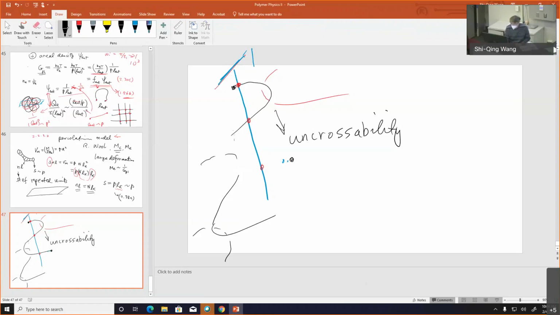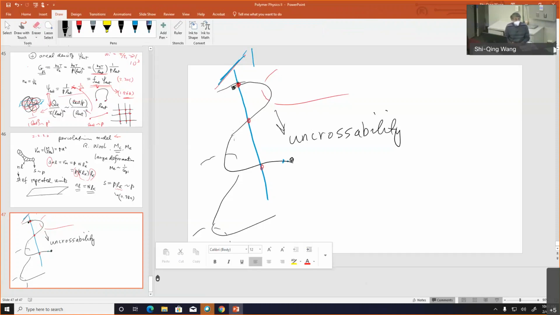And if it's twice, probably that's not going to give me entanglement. So when we come back, we'll figure out how to account for how long the chain needs to be to cut it three times. Okay, any questions? All right, we're done.